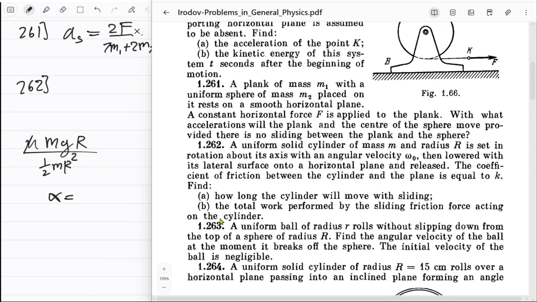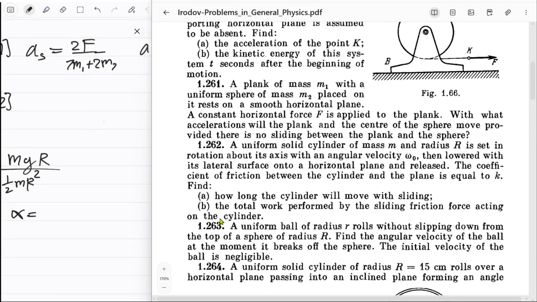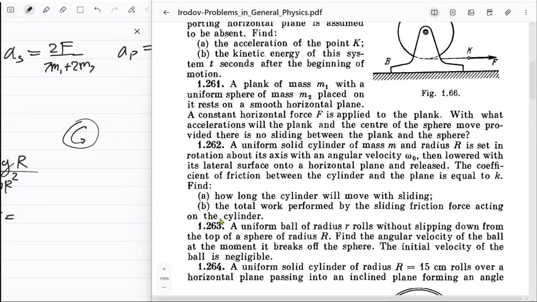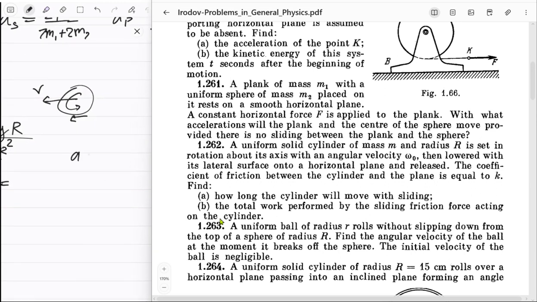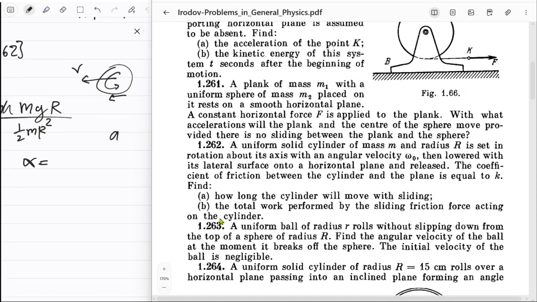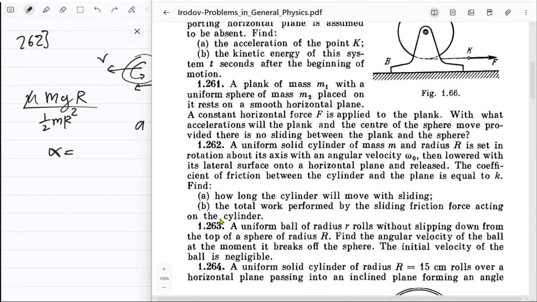Initially it was not having any v, right? So it's just omega naught, and then you got friction that's decreasing this, but it's also increasing v. So this is the angular deceleration, and this is the actual acceleration for velocity, right? Our alpha, or negative alpha, is 2 mu g upon r.